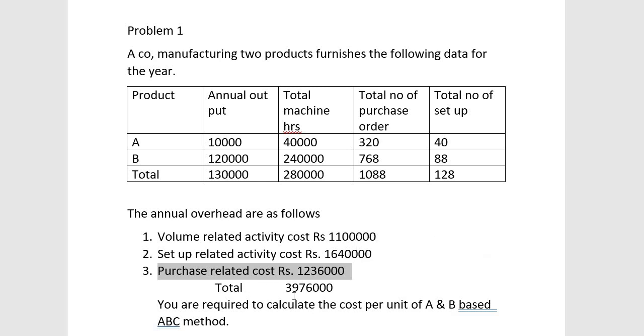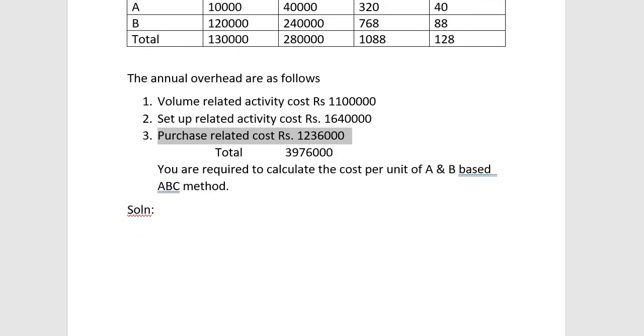The total cost is 39 lakh 76,000. You are required to calculate the cost per unit of product A and product B based on ABC method, activity based costing method.